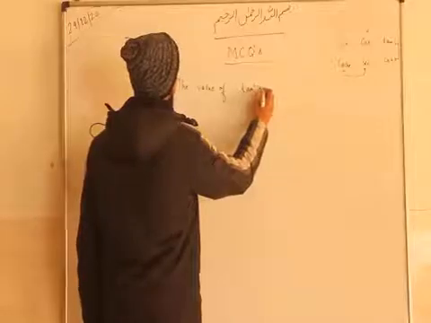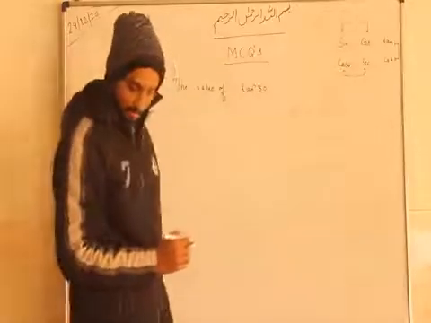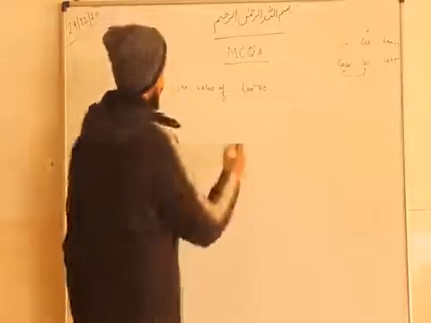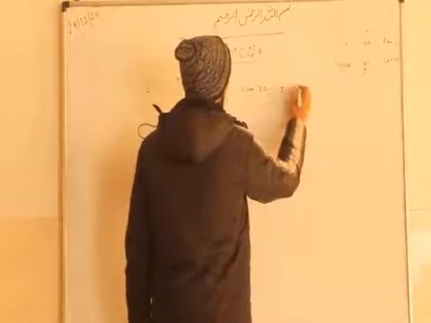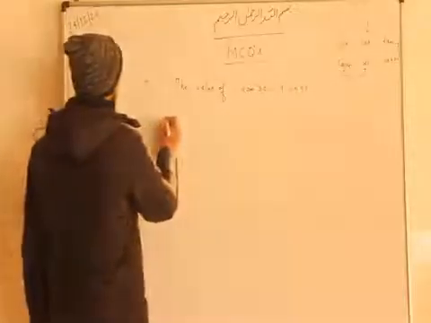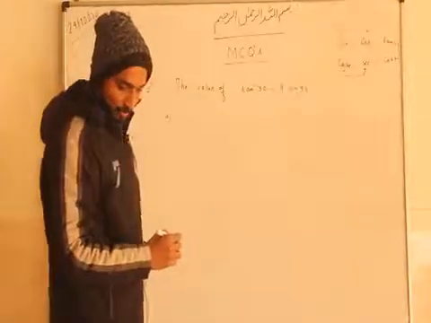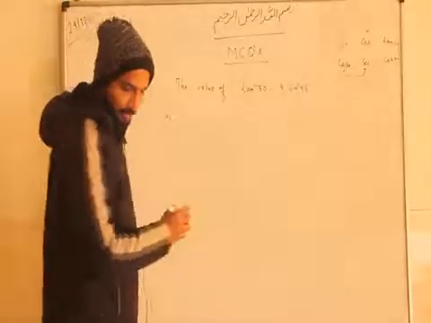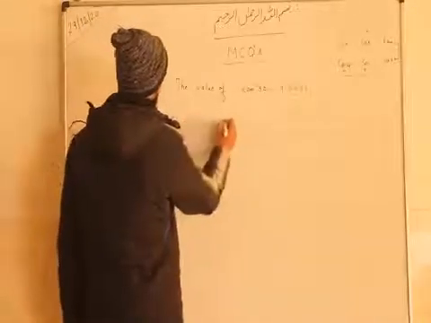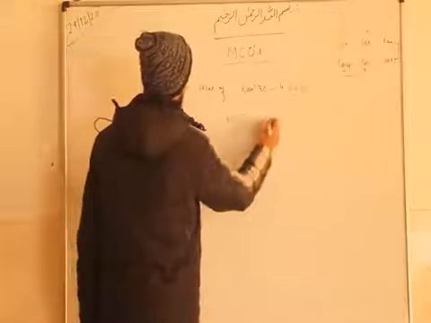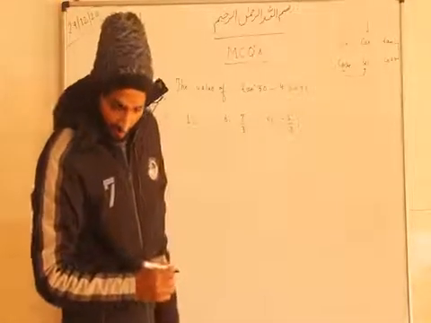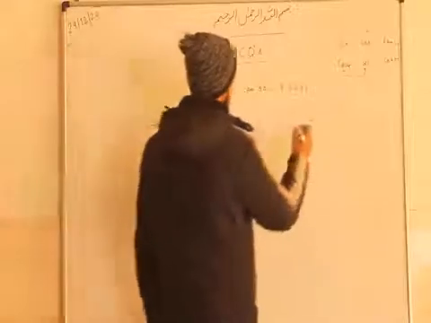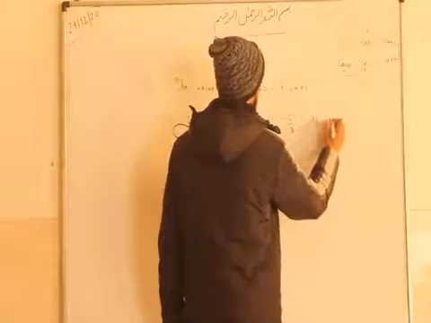Options are there: A is 1, B is 7 by 3, C is minus 5 by 3, and option D is minus 11 by 3.